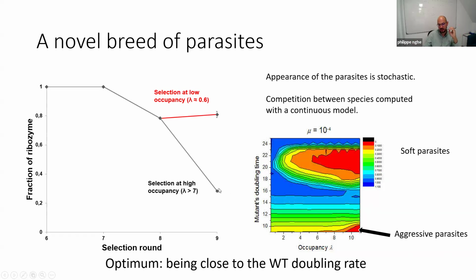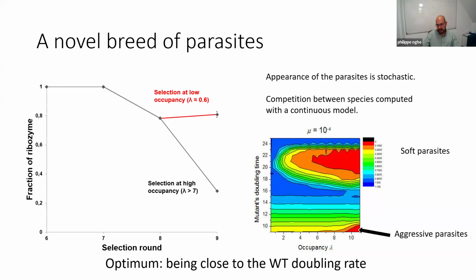But if you do selection in compartments, like in this regime, ultimately you would land on a certain level of coexistence, and there is a coexistence between active molecules and what we call soft parasites, which are erroneous molecules that are replicating at the same speed as the active molecules. So they just lost the activity.